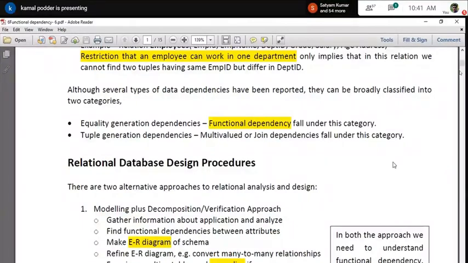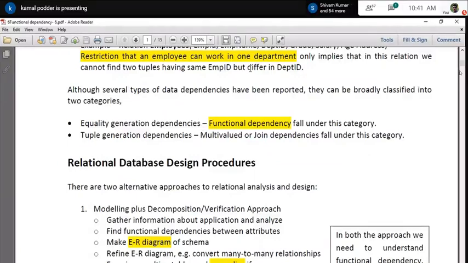Functional dependency is part of the first category, and multi-valued and join dependency are part of the tuple generating dependency. That part we'll cover later, with the fourth or fifth normal form.